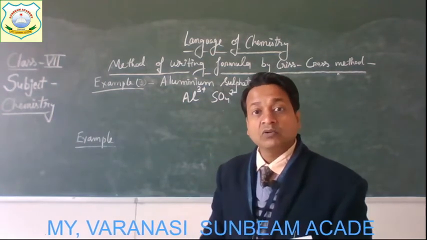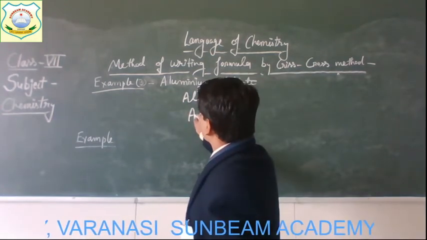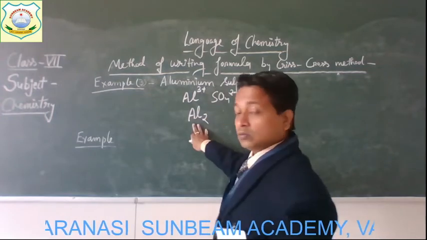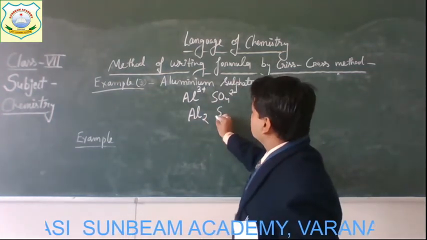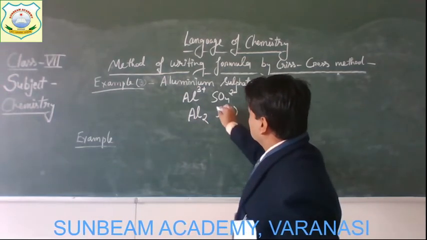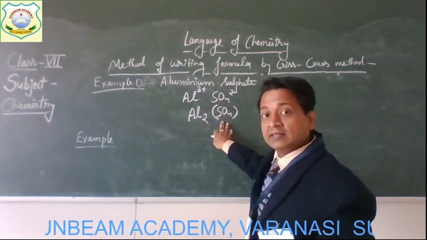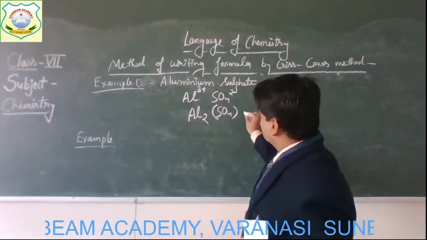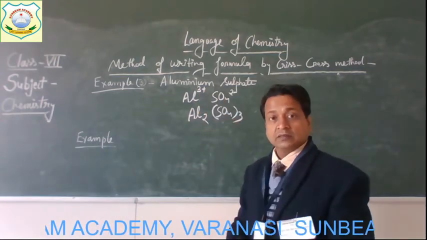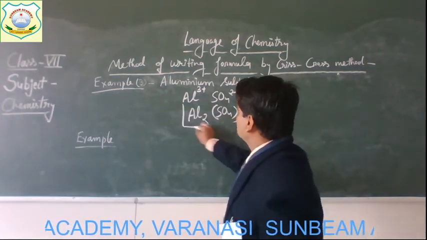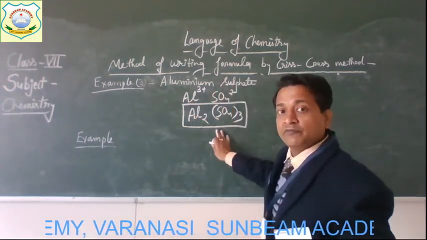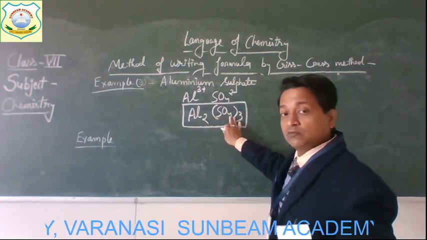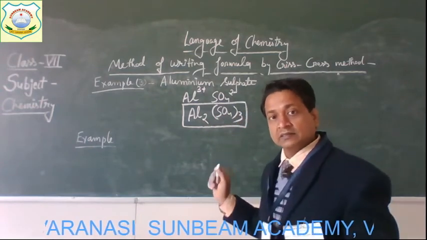So the formula is Al2 after crossing the valency, and SO4. Now enclose them in the bracket and then 3. Get it? So this is the formula of aluminium sulfate, Al2(SO4)3.